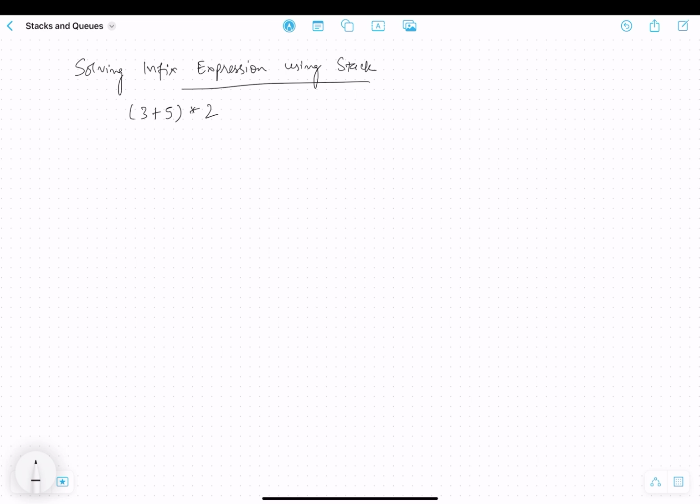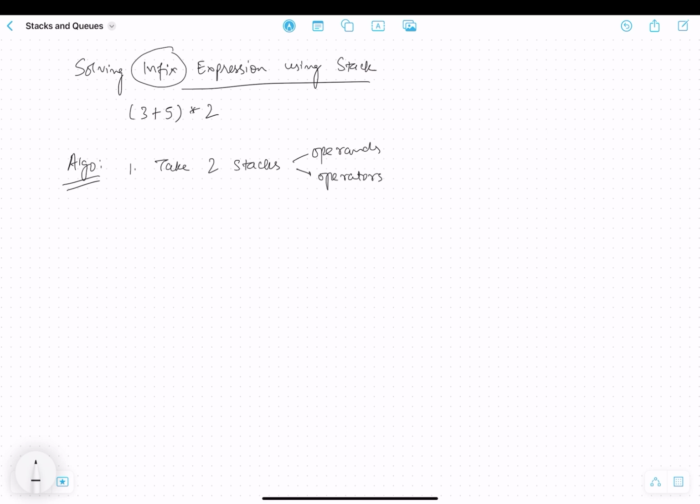Basically, when you are solving an infix expression, you have to take two stacks. I will write the algorithm here. Take two stacks, one for operands and one for operators.